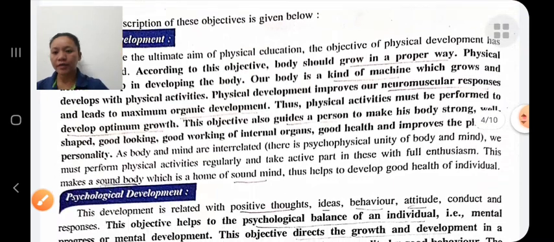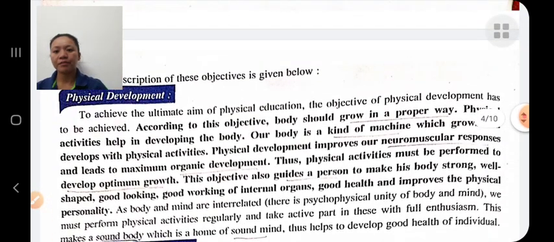First, physical development. Physical development means development of the body. Physical education helps the body to grow in a proper way. It enhances the size, structure, shape, etc. of human beings, which helps the internal organs to function properly.